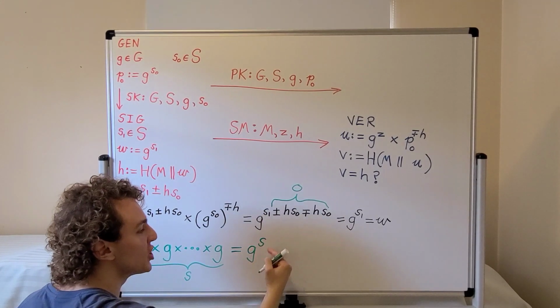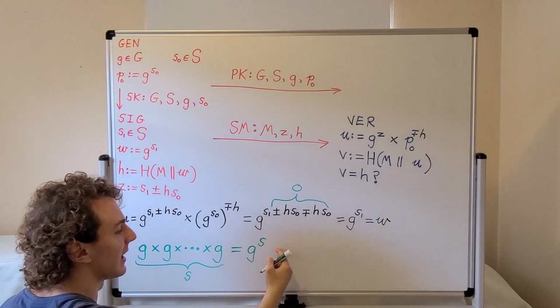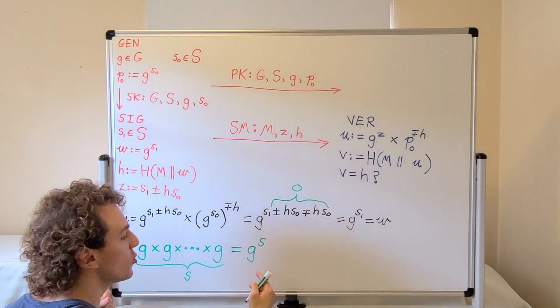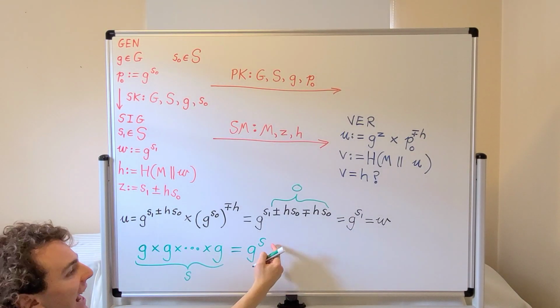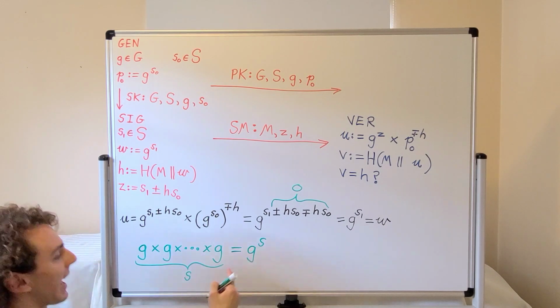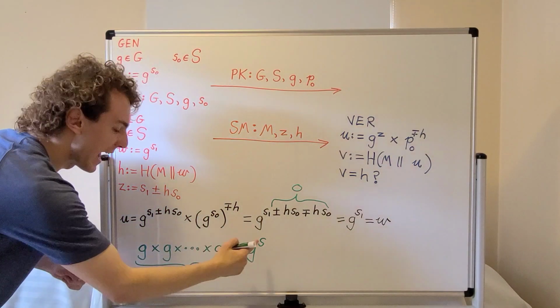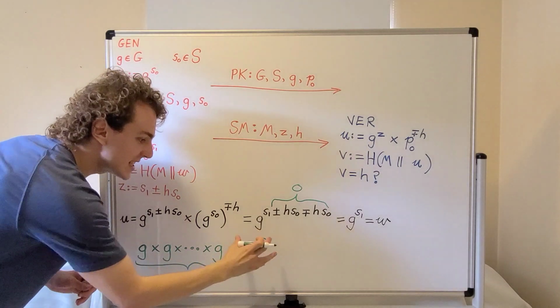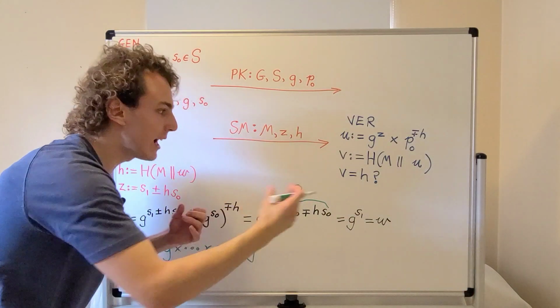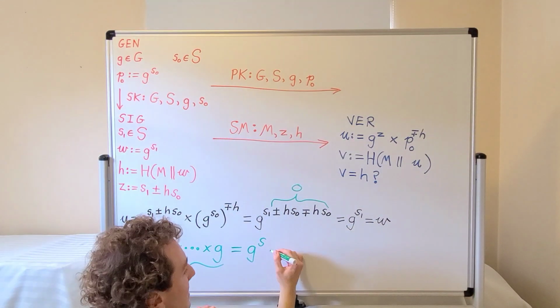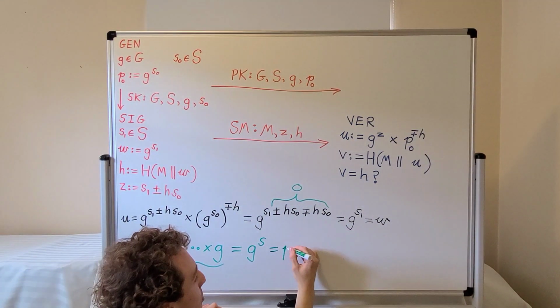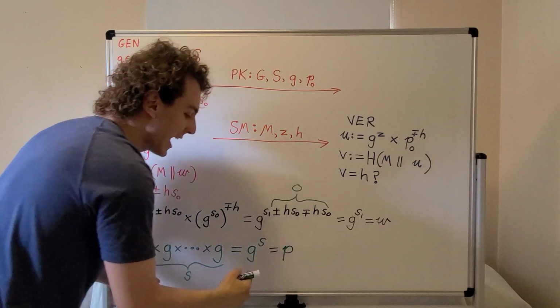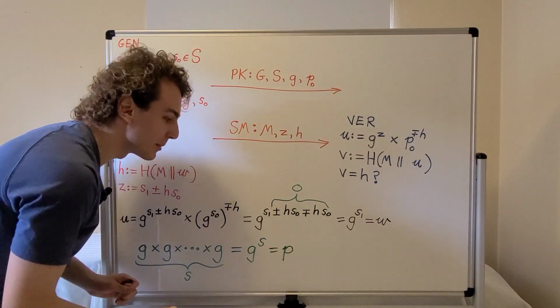So this exponentiation notation is actually telling us that we have to use the group operation s times. And we're just combining the generator s times using the group operation. So that's what we have over here. And this is the value that we're going to send out through the public channel. So we're going to consider this the public value p. So we have g to the power of s is equal to p.